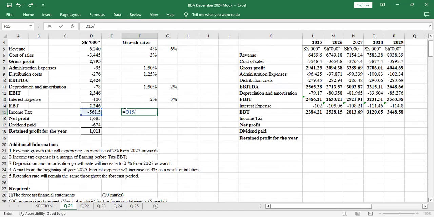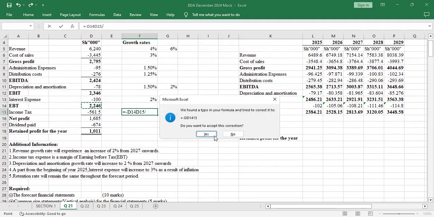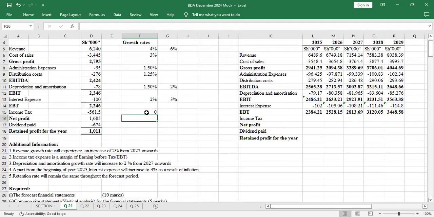Allow me to change this into positive, because I want that tax rate to be positive. So say equals to negative, that changes the income tax into positive so that I can divide it by earning before tax because it's a margin.